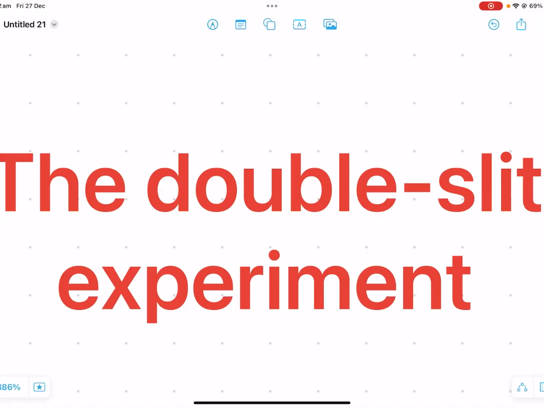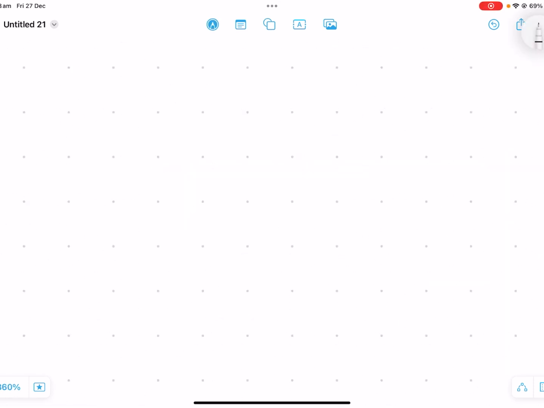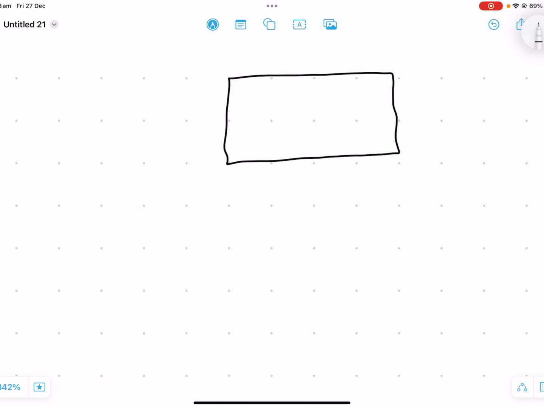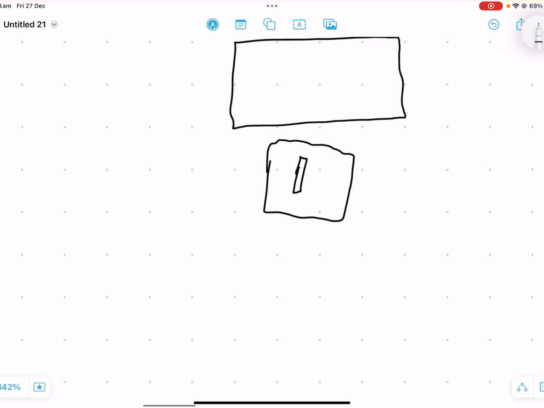Okay, the first one I'm going to do is the double-slit experiment. First, let's not do it quantum, but normally. Let's say there is a blackboard with one slit in the middle, and you take a gun and start shooting marbles at the first board.